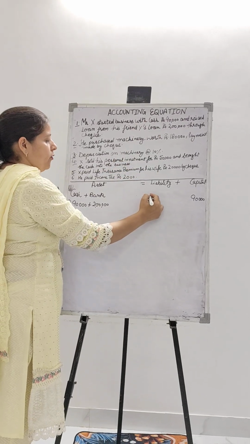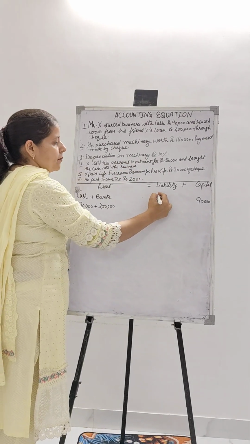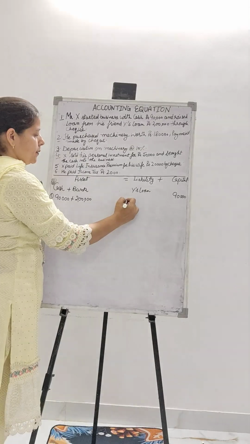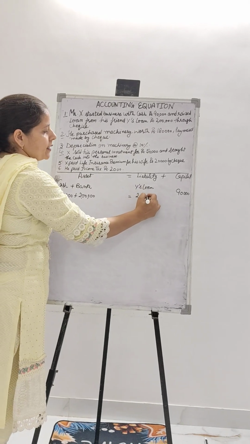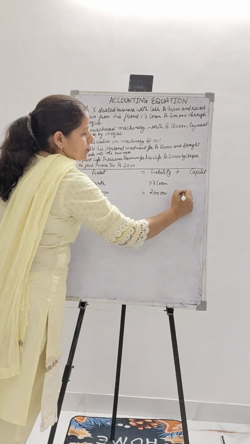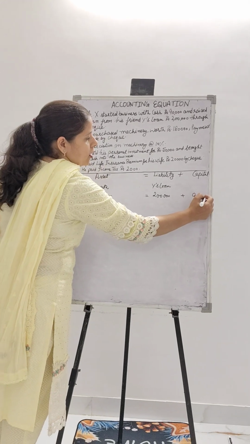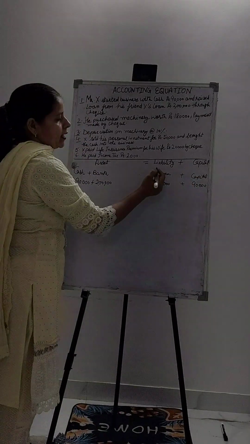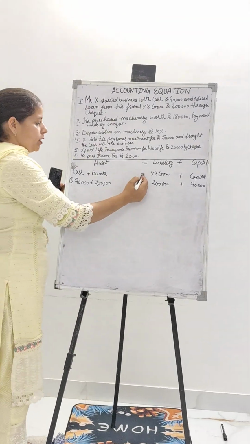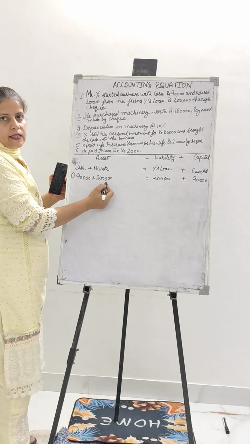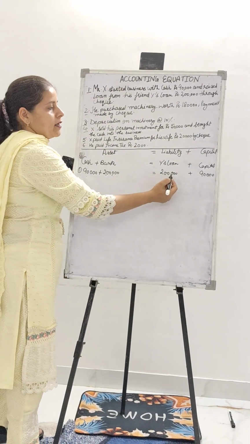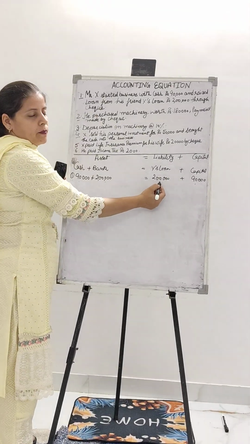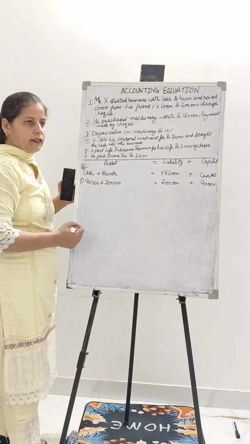So loan of Y will become a liability with the rupees 2 lakh in this case. So 90,000 was the investment of the owner and he raised a loan from his friend worth rupees 2 lakh. So here total investment in the business is 2 lakh 90,000, brought in by the owner himself and from his friend.